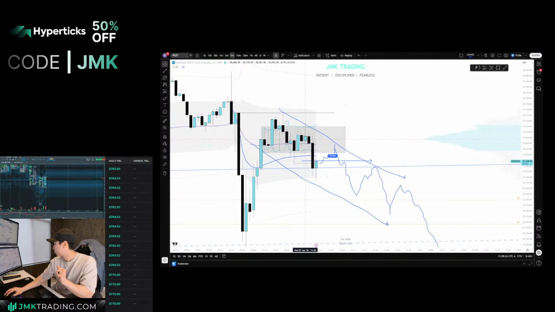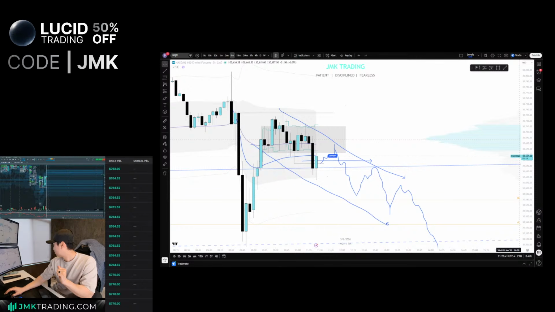Yeah, ES looks good for shorts. 1 minute and 5 minute look bearish. Hourly looks bearish. 4 hour looks bearish. Everything looks bearish.